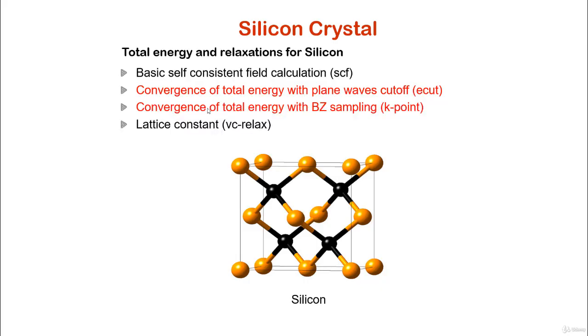Now we want to do the second and third calculation. One of the important issues is to find appropriate value for energy cutoff and also for K point. As we said before, energy cutoff for wave function determines the size of the plane wave basis set to expand the wave functions.